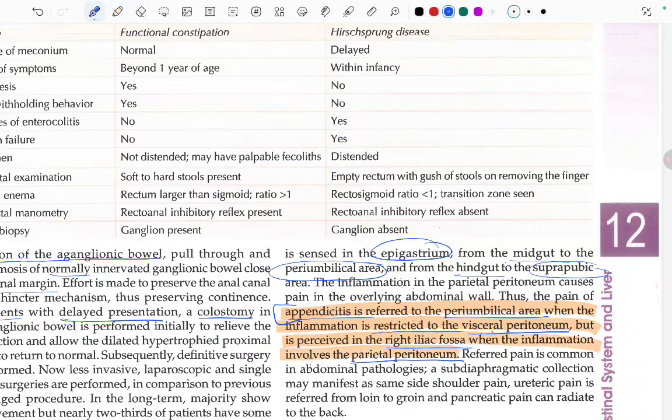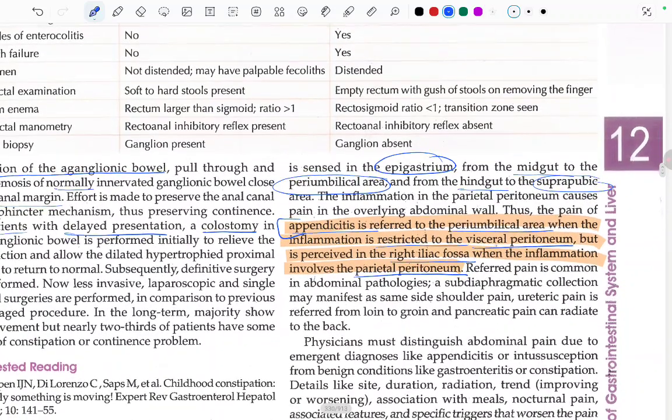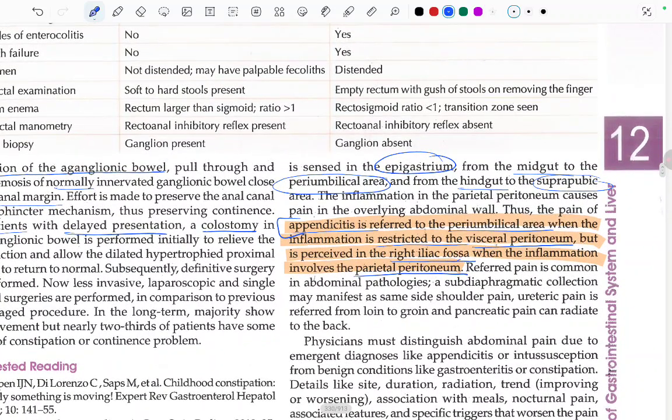Moving ahead, referred pain is common in abdominal pathologies. A subdiaphragmatic collection may manifest as shoulder pain on the same side, ureteric pain is referred from the loin to groin, and pancreatic pain can radiate to the back. These are examples of referred pain.